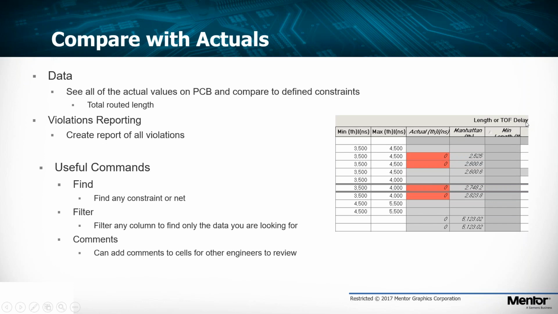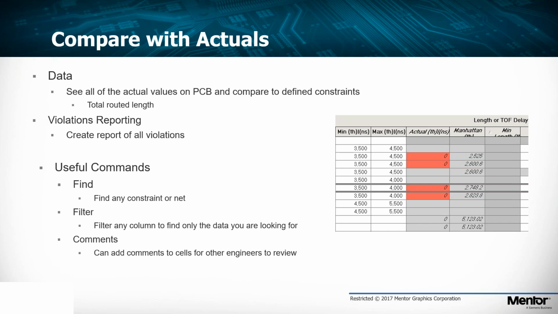Once we've set up our constraints, we can place all of the components, and then route the board. While we're routing, we actually have the ability to look at our actuals compared to what our design constraints were set up as. This can be very important just to make sure that there's no errors.